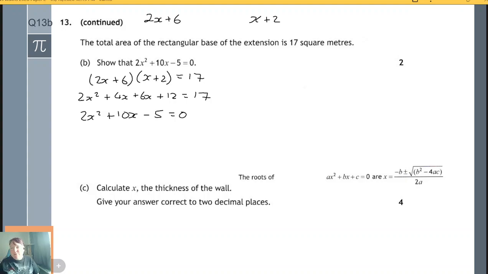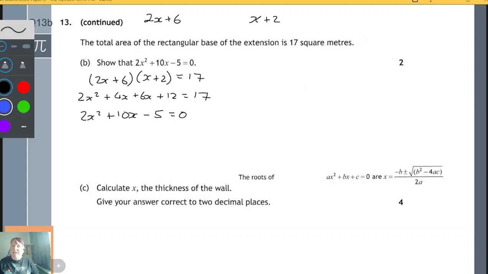Calculate x, the thickness of the wall, and give your answer correct to 2 decimal places. Now, because it says to 2 decimal places, I know that we can't factorize, so we're going to have to use the formula.